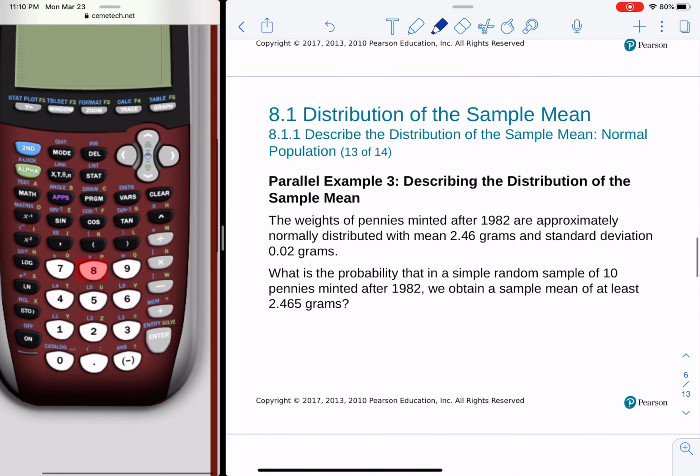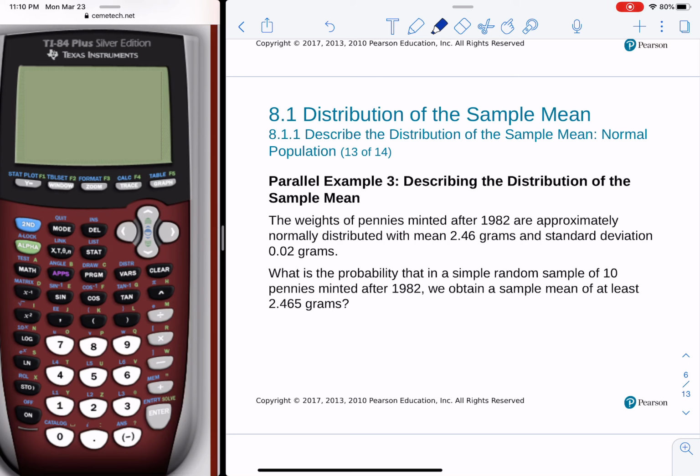So here is an example. The weights of pennies minted after 1982 are approximately normally distributed, with mean 2.46 grams and a standard deviation of 0.02 grams. What is the probability that in a simple random sample of 10 pennies minted after 1982, we obtain a sample mean of at least 2.465 grams?